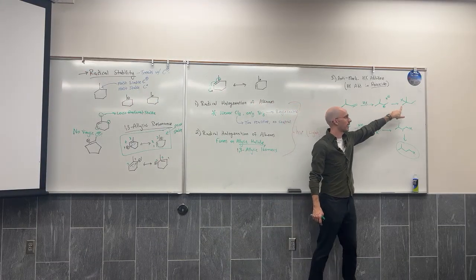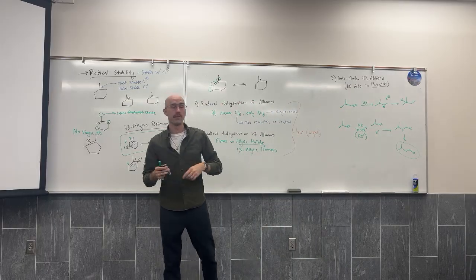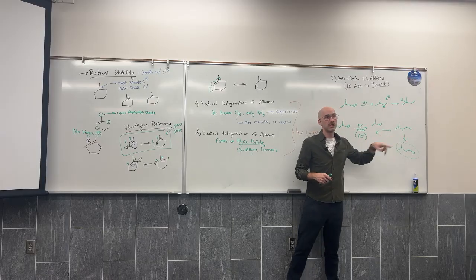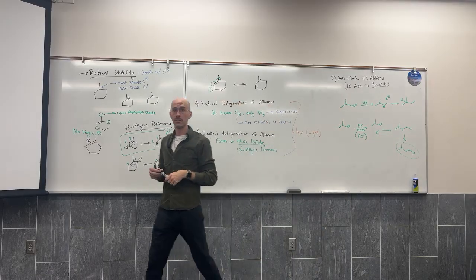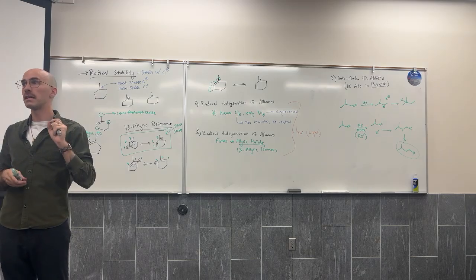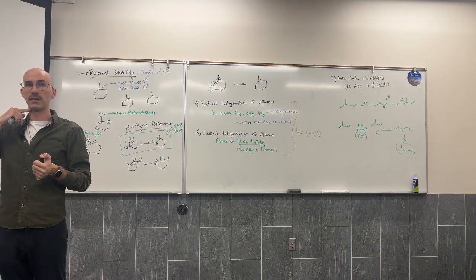Most stable carbocation, halide goes to the more substituted position. If you add the halide first, most substituted radical, anti-Markovnikov. It's because of the intermediates that we get the difference in regiochemistry.